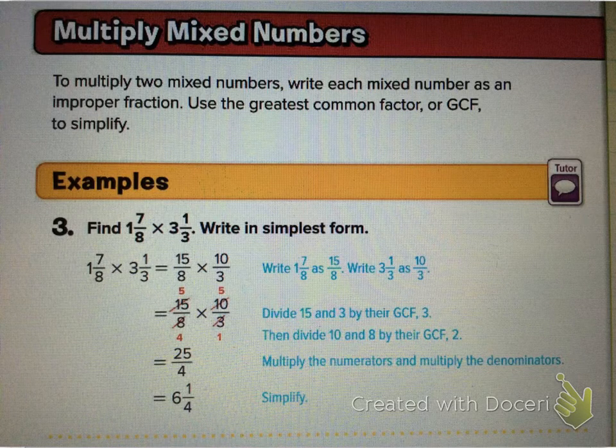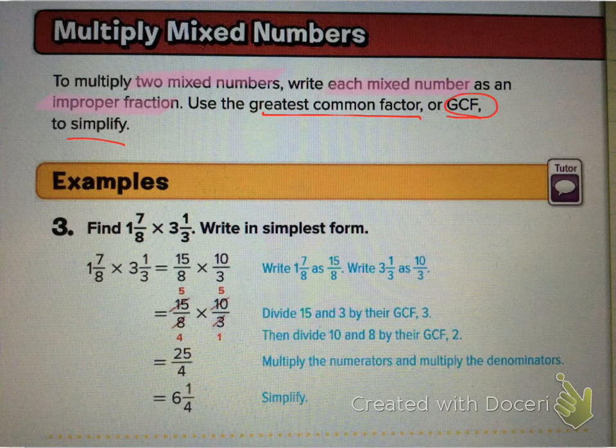To multiply two mixed numbers, it's exactly the same process, okay? You just have to write each mixed number as an improper fraction, okay? It tells you to use the greatest common factor, or GCF as it's also known, to simplify. That's exactly what we've been doing with our factor T's, okay?